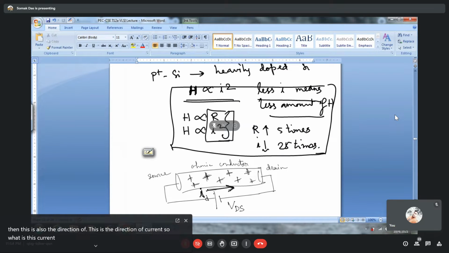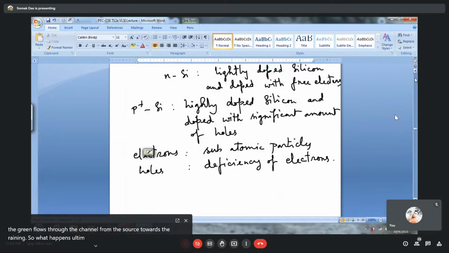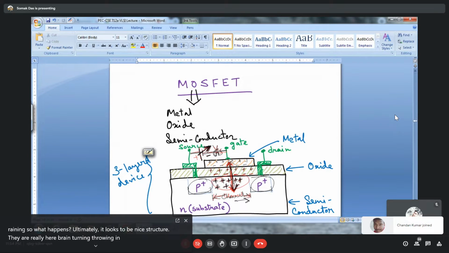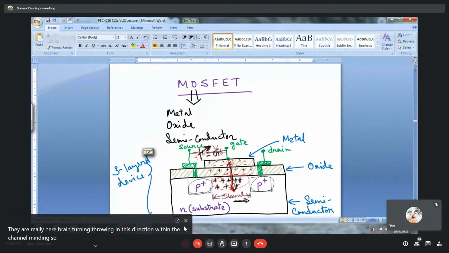This current is named the drain current or ID. The drain current flows through the channel from the source end towards the drain end. So if you look at this device structure, there will be a drain current flowing in this direction within the channel, mind you. So there will be a drain current flowing through this direction, and this is ID.